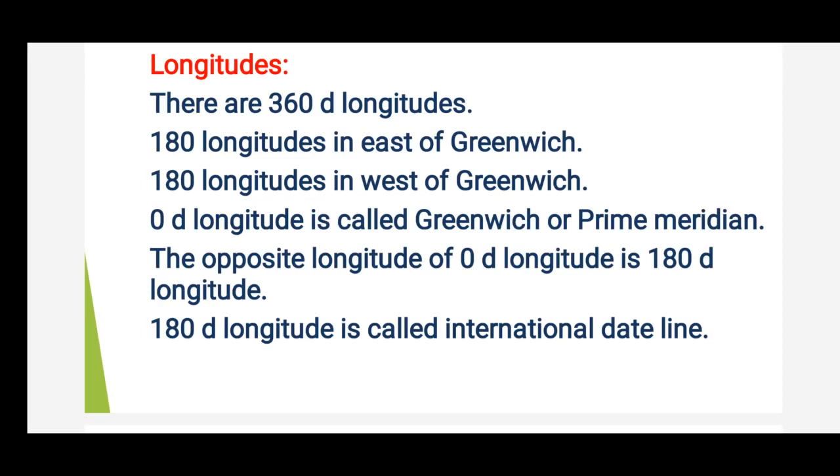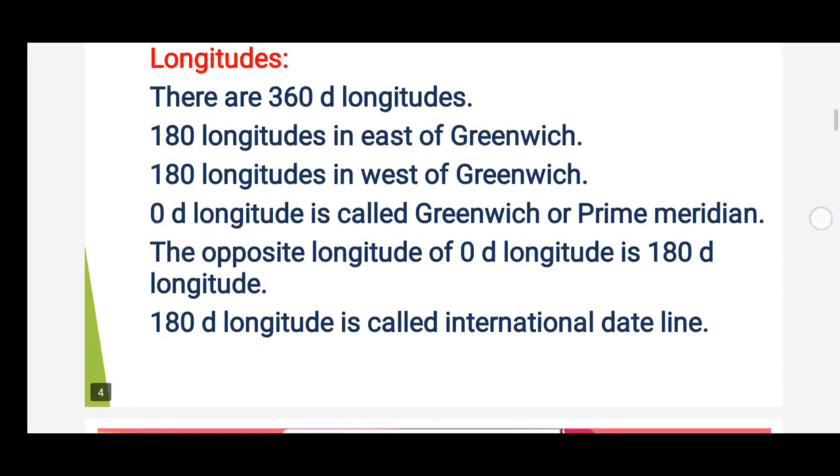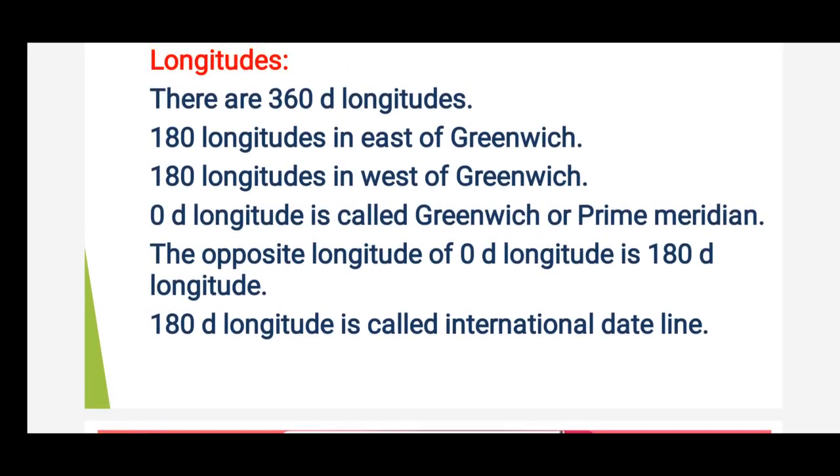The longitudes lying in the east are called east longitudes and are named as E. And the longitudes lying in the west of Greenwich are called west longitudes and are denoted with W. E and W denote what? Direction, east or west. And 0 degrees longitude is called Greenwich longitude or prime meridian.